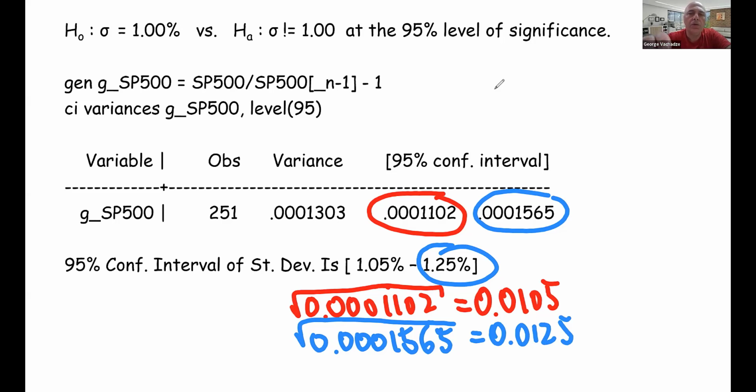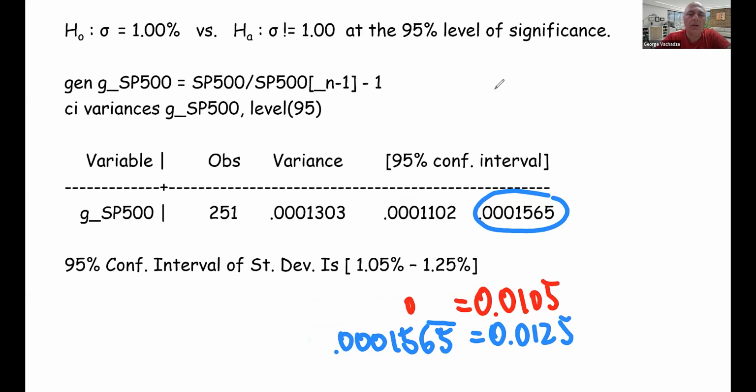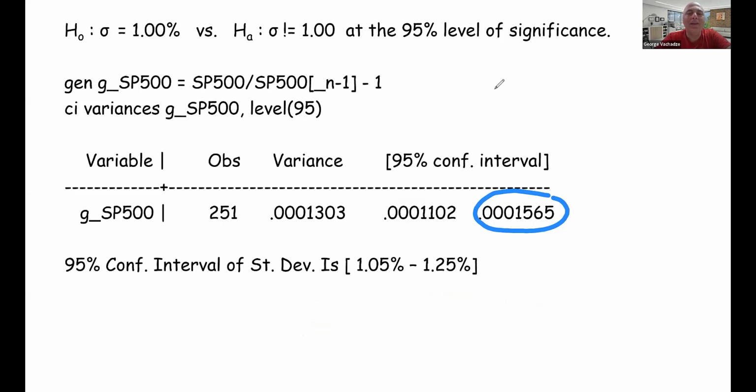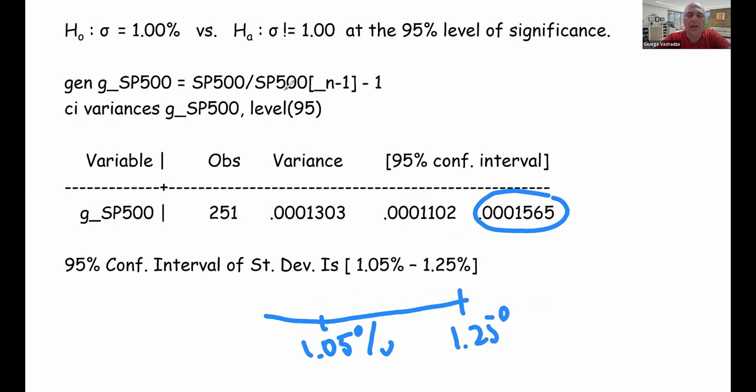So just observing this 95% confidence interval, we can conclude that 1% is not within this interval. If I draw this 95% confidence interval, here is 1.05%, and here is 1.25%, and 1% does not belong to this interval.